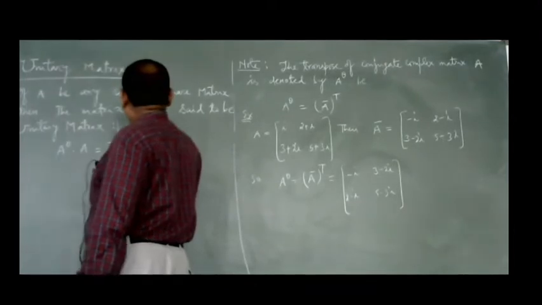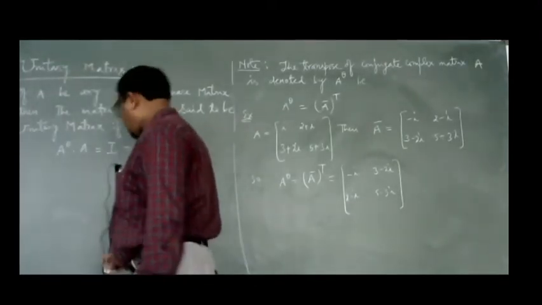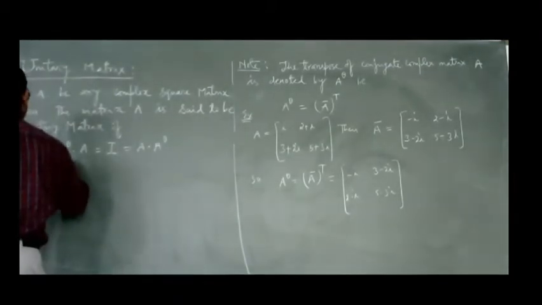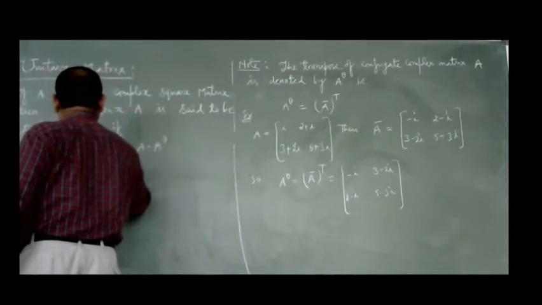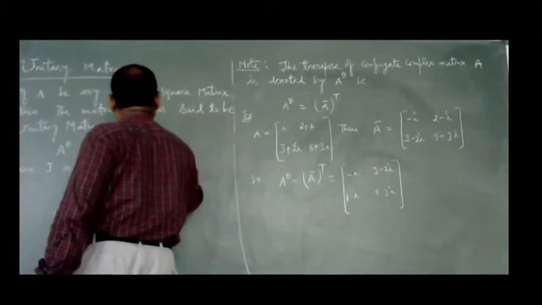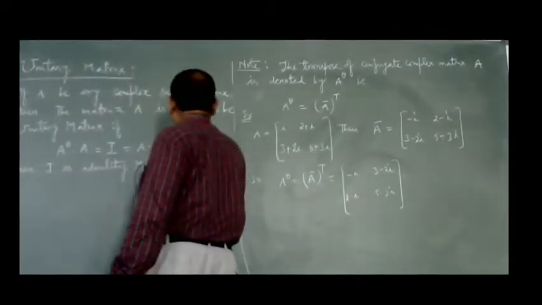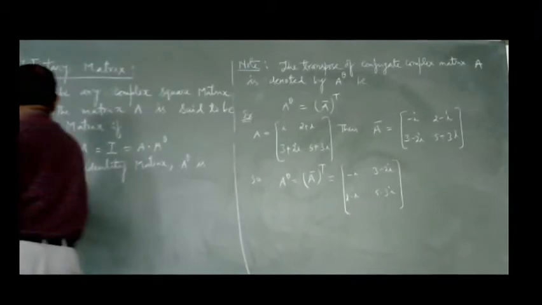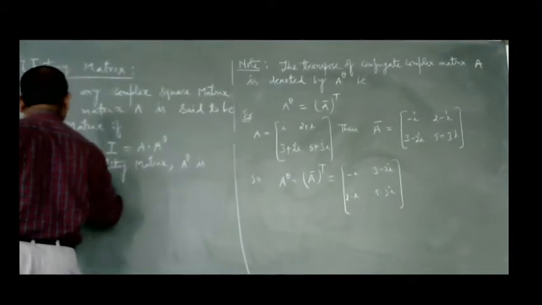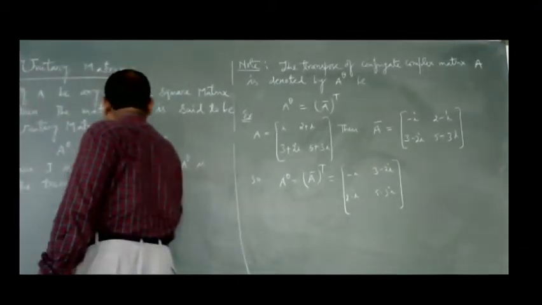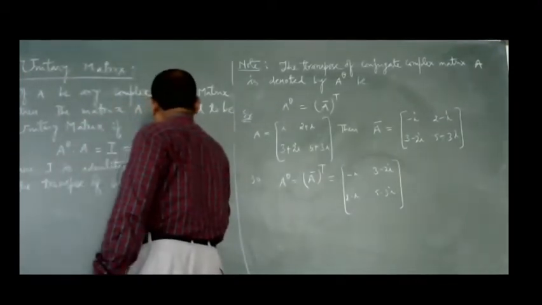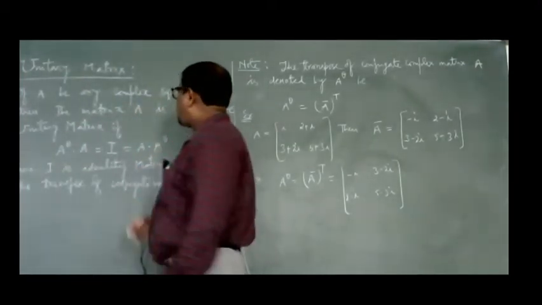This is also A into A theta equal to I, where I is the identity matrix. A to the power theta is the transpose of conjugate matrix A.